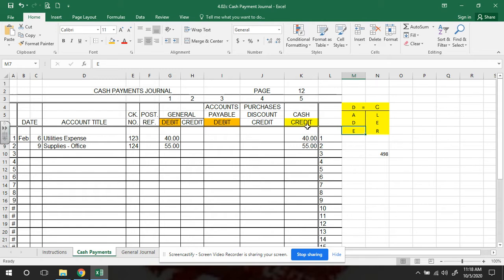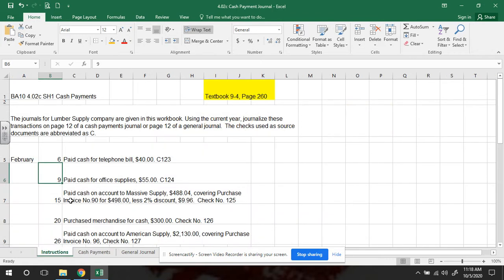We're paying cash out, so cash is an asset, has value and we own it. But we're not increasing it, we're decreasing it, so it has to be a credit. Your debits equal your credits. Next transaction, it's a little complicated. It's on the 15th.